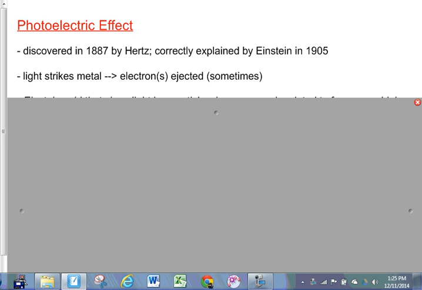It is a phenomenon discovered in 1887 by Heinrich Hertz, explained by Einstein in 1905, in which light strikes a piece of metal or some other material, but usually metal, which sometimes causes electron or electrons to be ejected. Sometimes, not always.